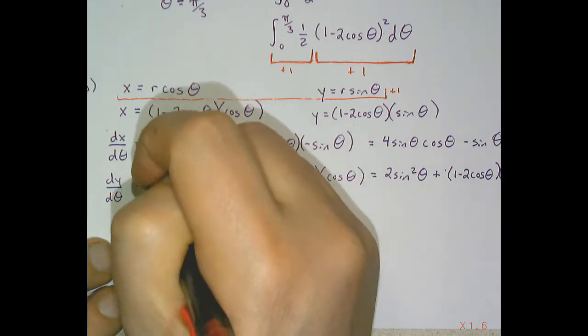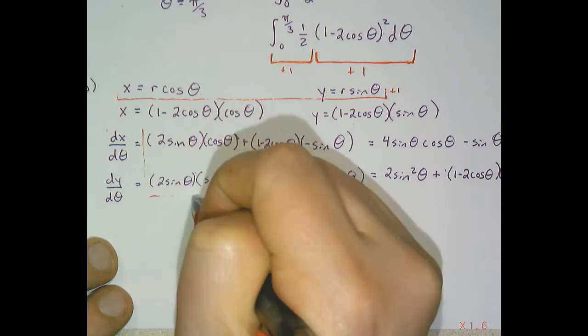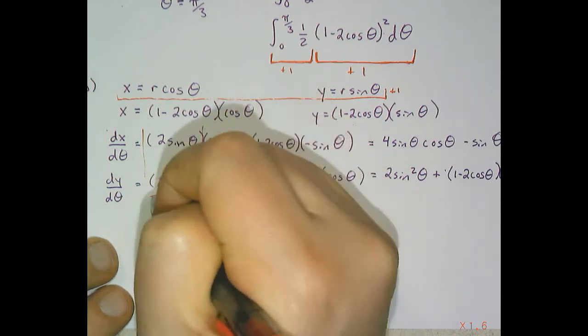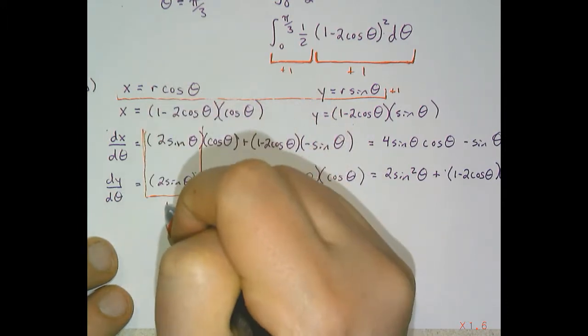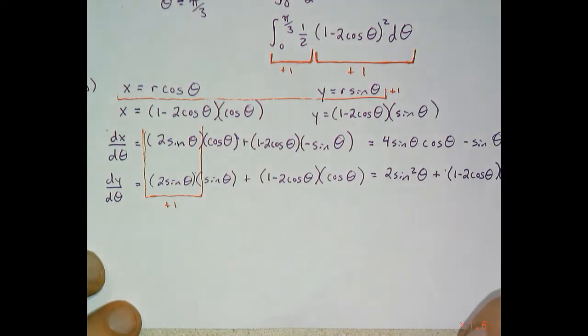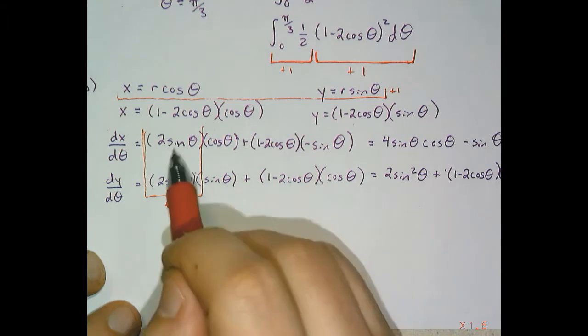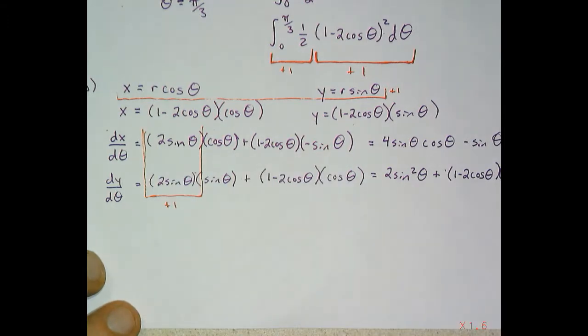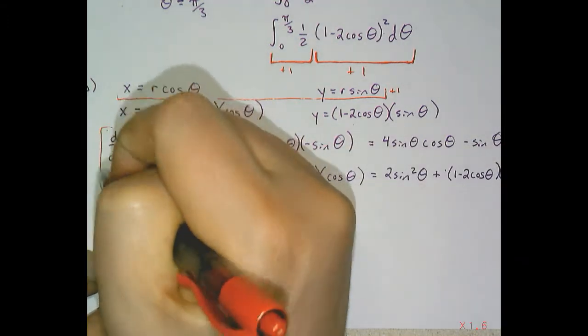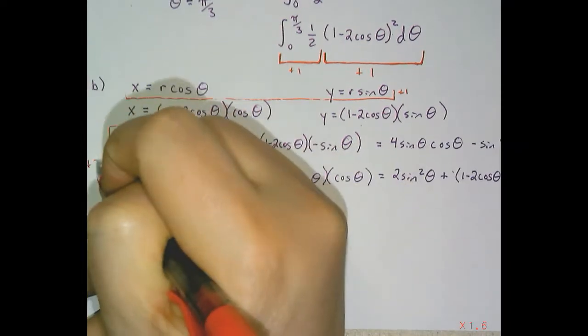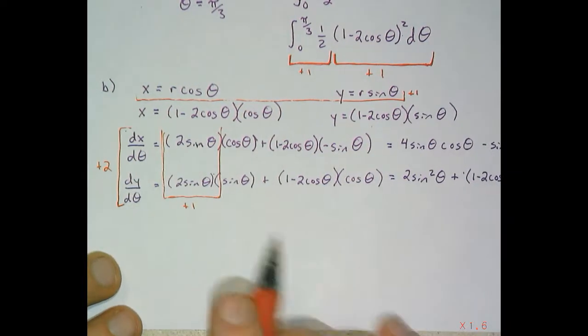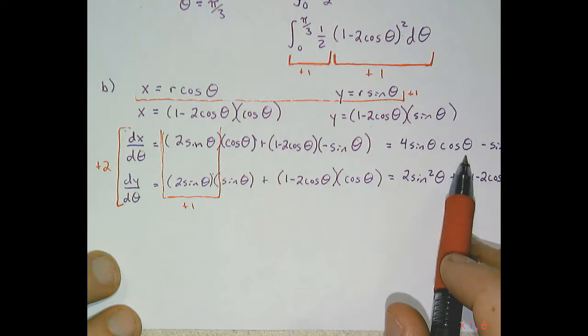So this right here is your dr d theta, and that is worth 1 point. The last 2 points come from having the correct answers. So your dy d theta and your dx d theta will be your 2 points. We'll block that out as +2, provided what you have written down simplifies to what they have.